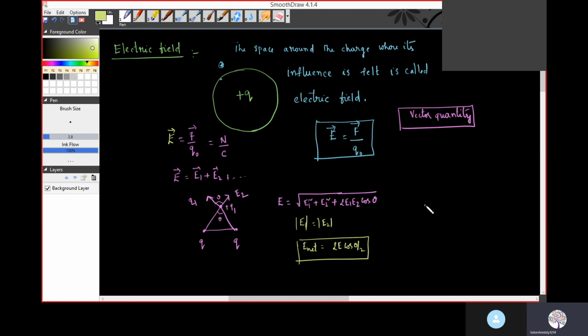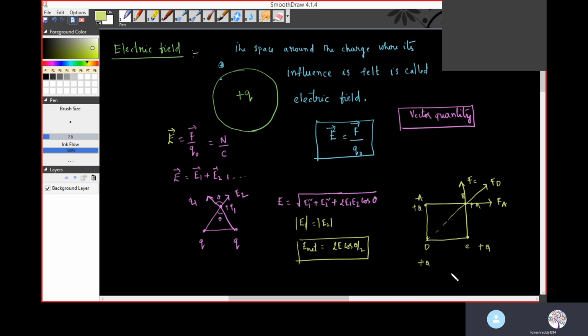The same thing, if you have four charges on a square, we call these D, A, C, B. All positive charges: plus Q, plus Q and plus Q. This is going to push in this direction, FC, this is going to push FA in this direction, and this is going to push FD in this direction.